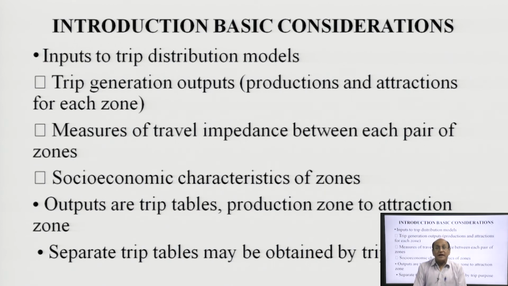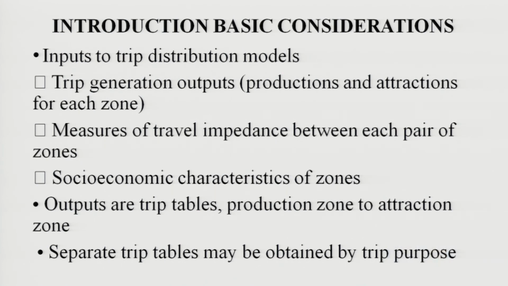That will be the input for trip distribution, meaning production and attraction for each zone. Second is socio-economic characteristics of the zone. Output is a trip table, production zone to attraction zone. Separate trip tables may be obtained by trip purpose.